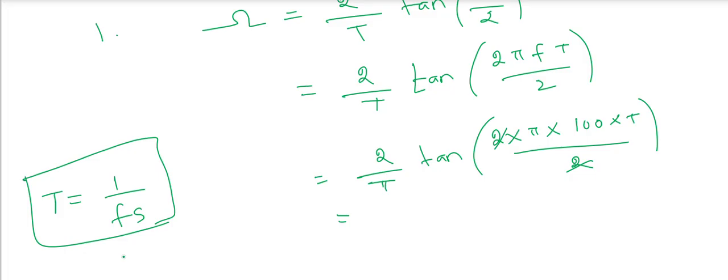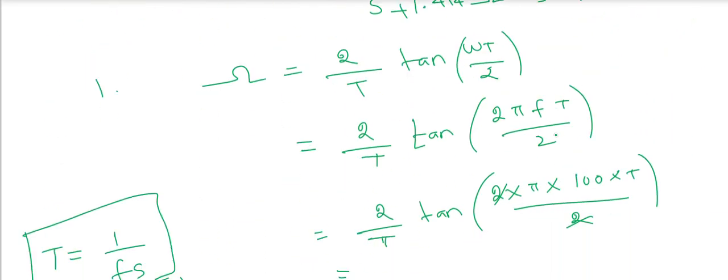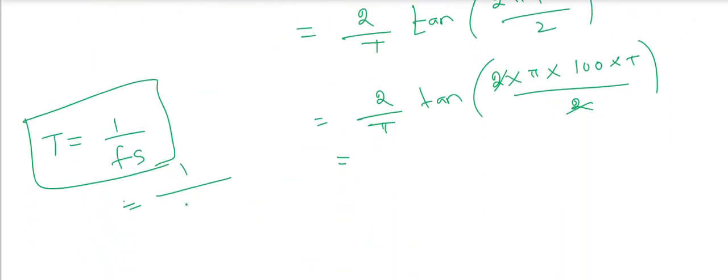What is the sampling frequency? 625 hertz. So you substitute 1 by 625 hertz, and we'll get T equal to 1.6 milliseconds.